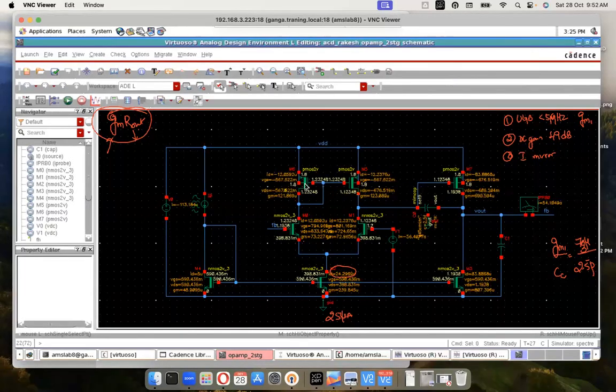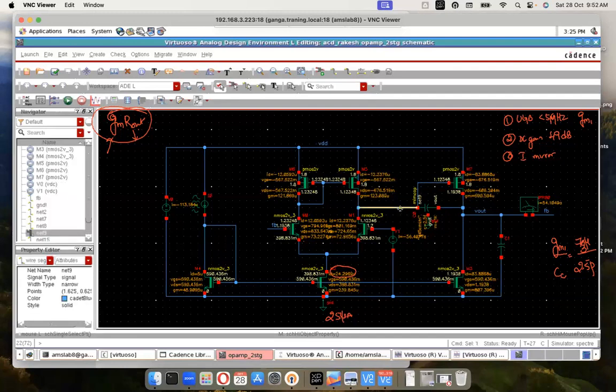Although we increased the length, you see that there is some issue with respect to the VDS matching here. Why is VDS not matching? That's because we have not sized the output transistor adequately. If the output transistor is correctly sized, this voltage and this voltage have to be the same.